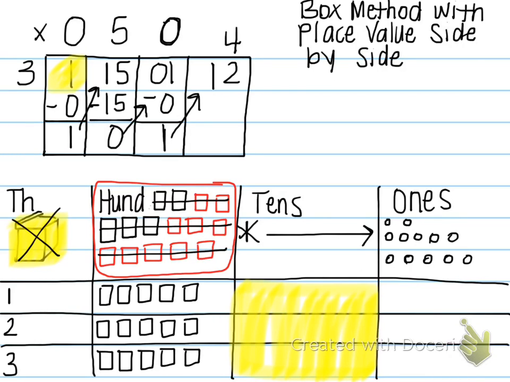So I'm going to multiply 3 times 4 to see if I have anything left over. I do not. So what I did was I took, out of my 12 ones, I put 4 into each group.